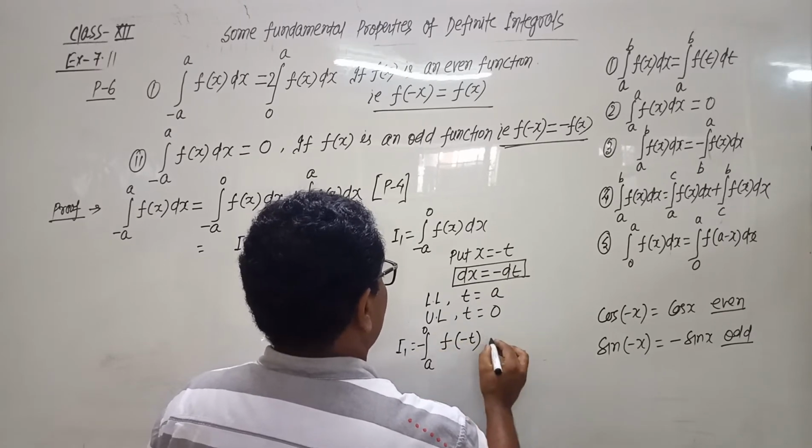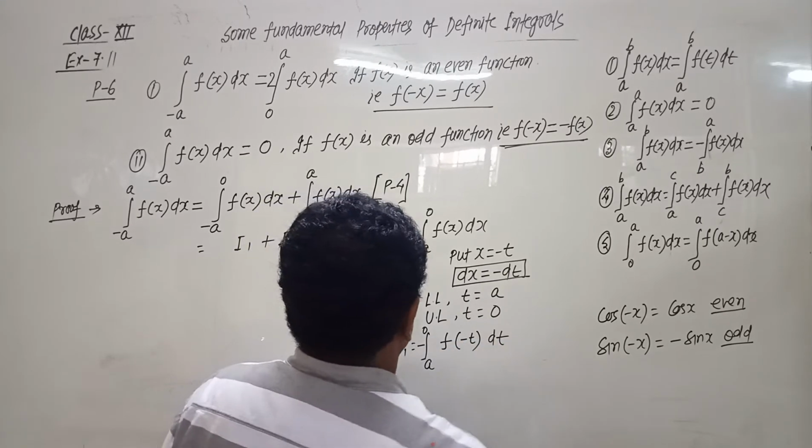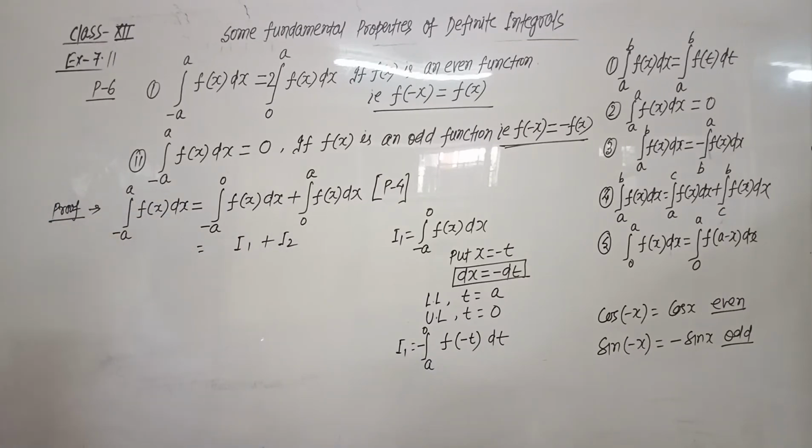So minus taken outside: minus integration a to 0 f of minus t dt.